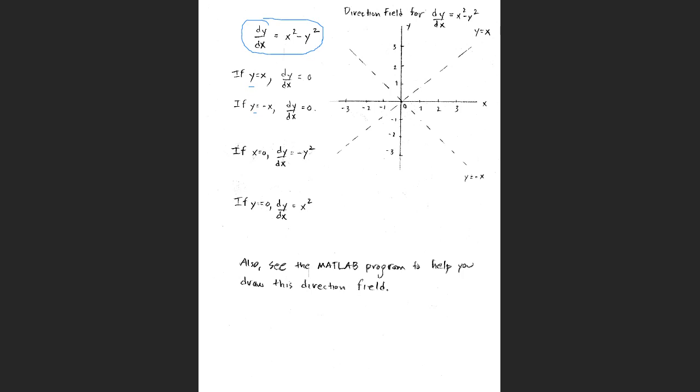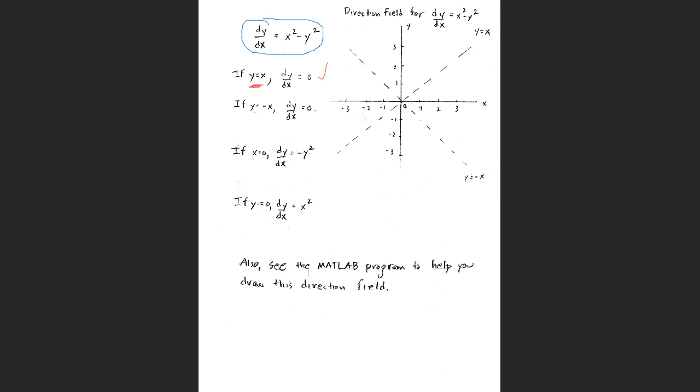For instance, since dy dx is equal to x squared minus y squared, suppose I were to consider points where y equals x. For those points, dy dx would equal 0.